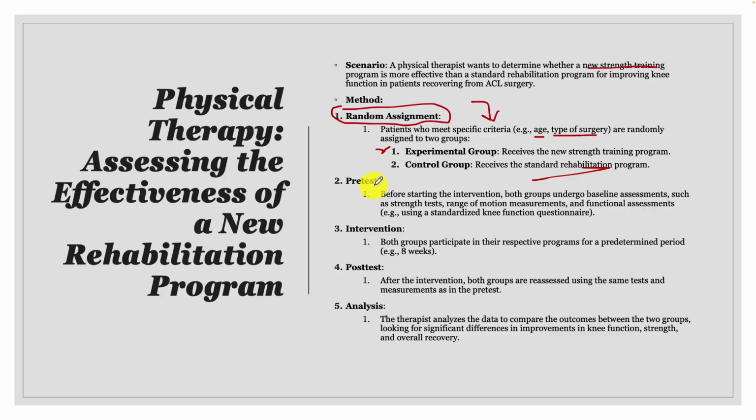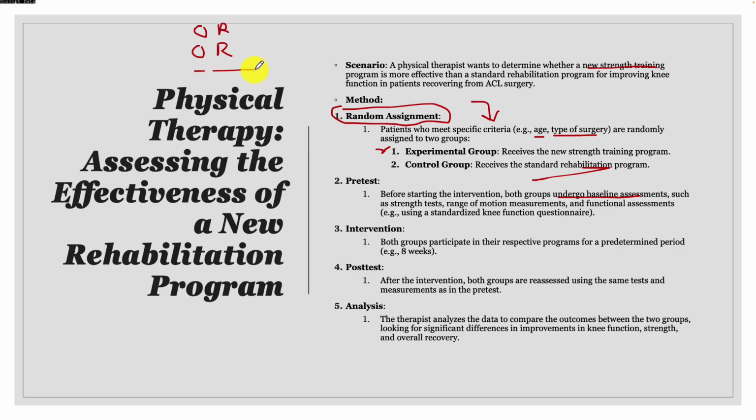So if we wanted to think about this pretest, we want to get this baseline measurement, right? Before starting the intervention, both groups undergo baseline measurement. So that would look like this. Group 1, Group 2. We know that Group 1 is randomly assigned. Group 2 is randomly assigned. Baseline was taken, right? That makes sense.